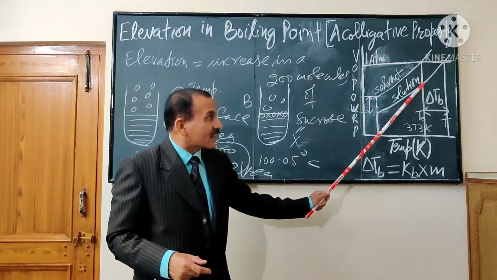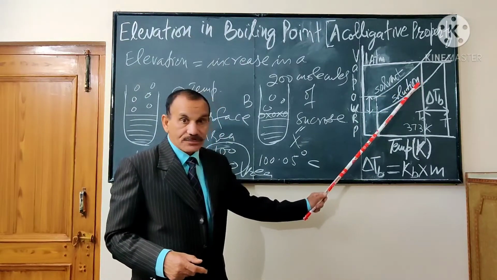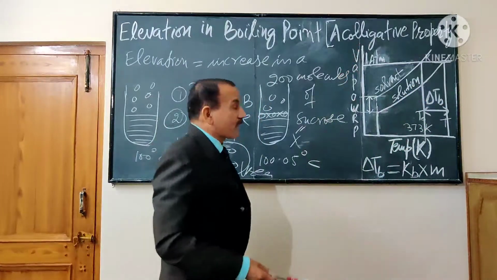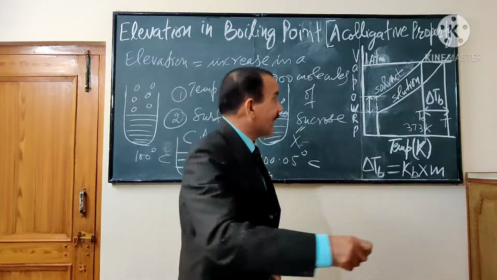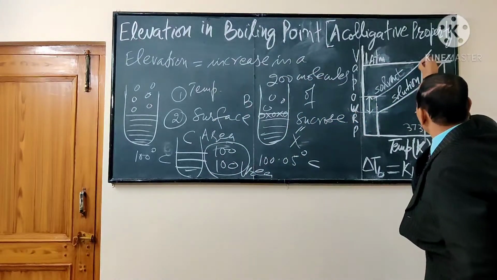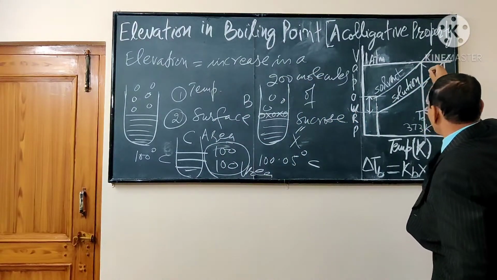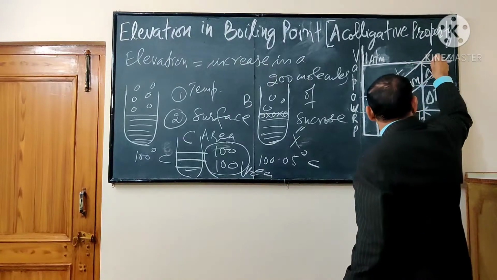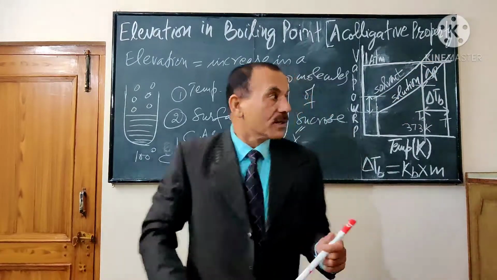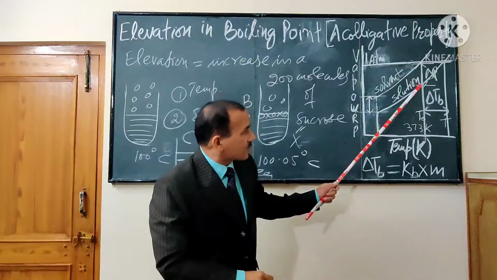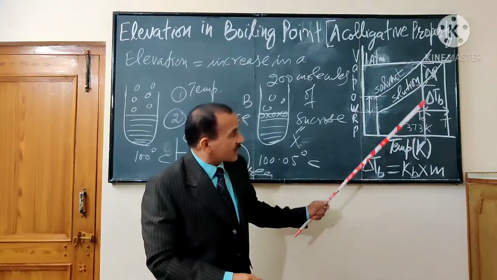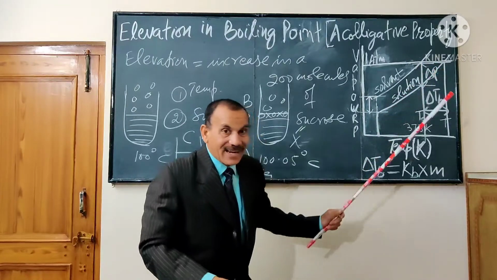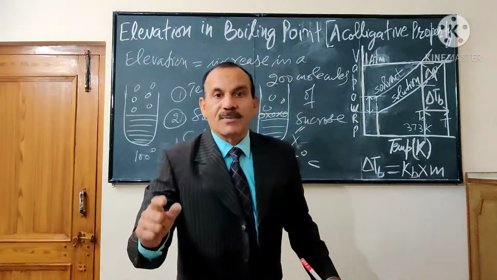And at 100 degrees C, this is very important, the vapor pressure of solution is less by this much value, delta P. This is a difference, delta P. The vapor pressure of solution at 100 degrees C is less by this value, delta P, as compared to 1 atmospheric pressure.